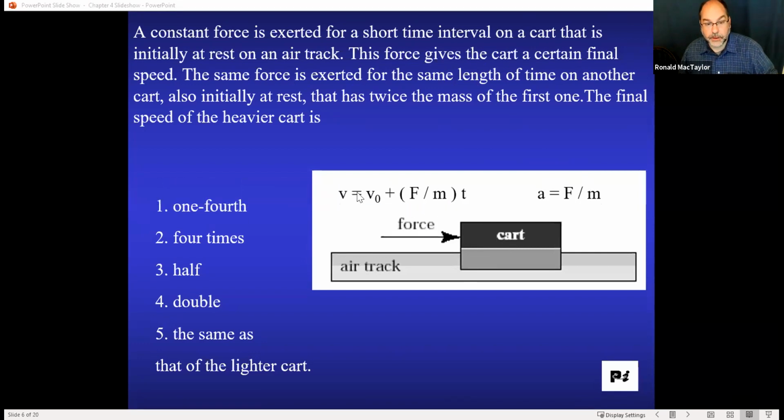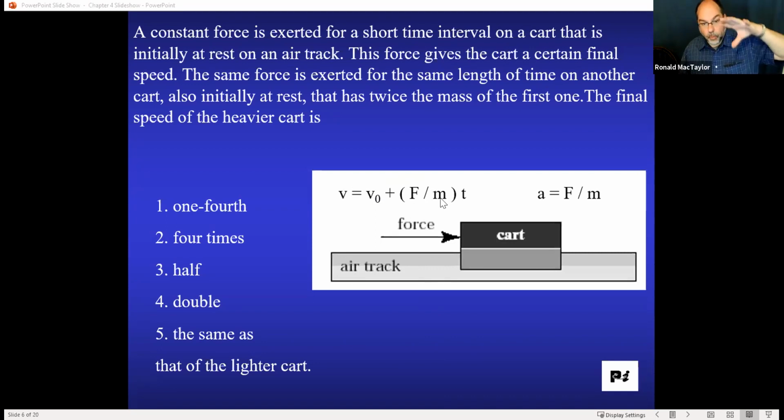So final velocity equals the initial velocity, which was 0, plus force over mass times time. Everything else is the same except for the mass. Mass is in the denominator.